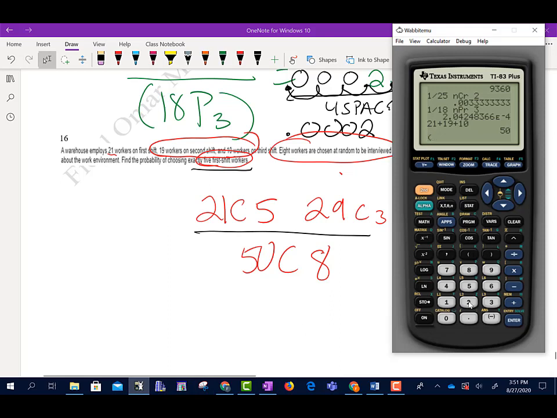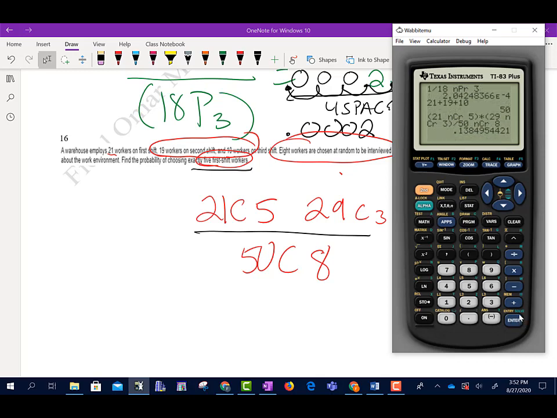And I'll do this in parentheses, so I'll go 21, math, choose 5. Oops, clear that out. Try it again. Okay, 21, math, choose 5, times 29, math, oops, choose 3, okay, divided by 50, math, choose 8.